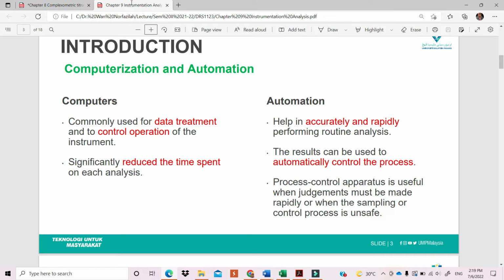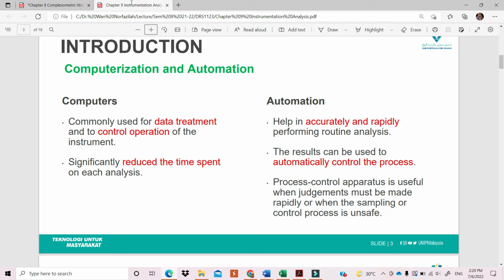Compared to titration, you have to do the titration, you have to do the calculation manually. So that one will require more time to do the analysis compared to an instrumental analysis. And then this instrument, of course, we use automation. And this automation helps in accurately and rapidly performing routine analysis. So imagine in industry, they have analysis lab.